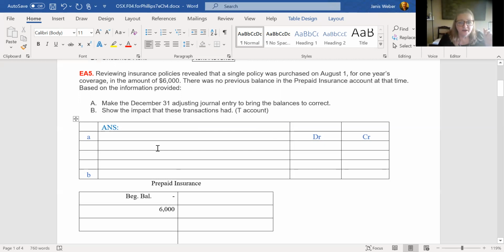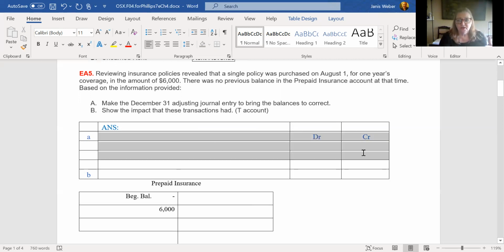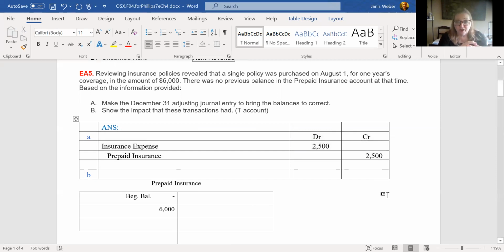5/12 of the 6,000 has expired, which means it should be shown now as expense. $6,000 for a year's policy means 500 each month, so the insurance expense entry would be $2,500 because it's 5 months at $500 a month.